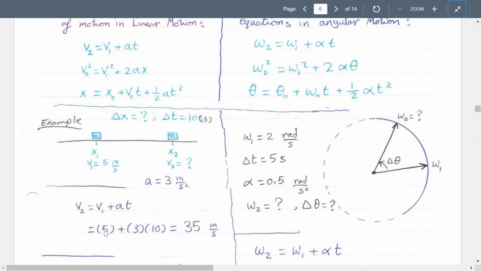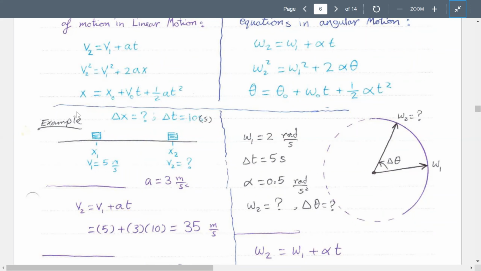You need to put in the numerical values and understand the problem. It is an object moving in a linear way, and then you can find the final velocity. Also, you can find the change in position, delta x, by using this equation or this one. We know that from before.